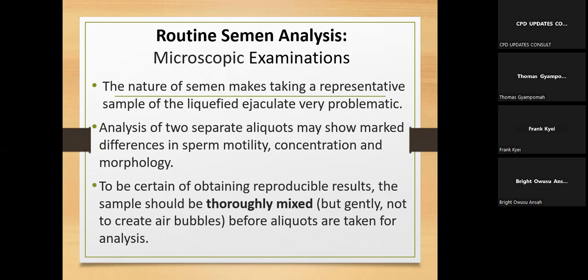As it is, the sample has come, and then you take portions of it. It's going to be problematic because any portion that you take, you are going to get different results. And then the element of reproducibility becomes a challenge, because I took a drop of this specimen and examined it, and when I try to repeat it, or somebody else does it, we get a completely different result.